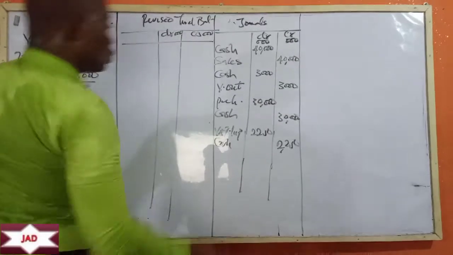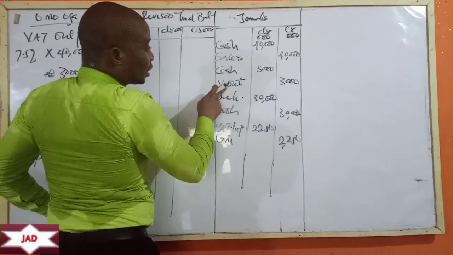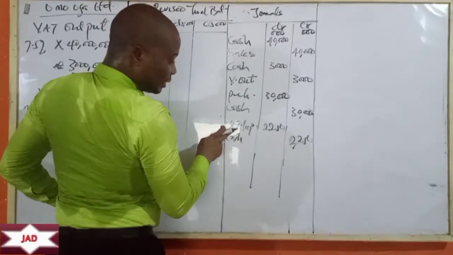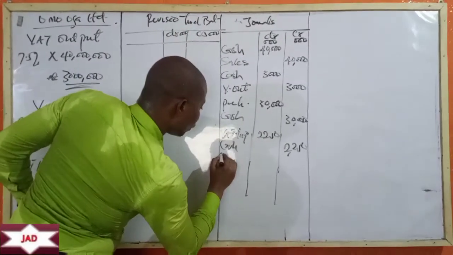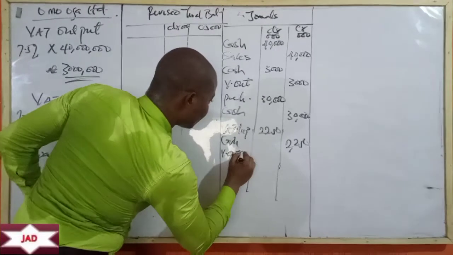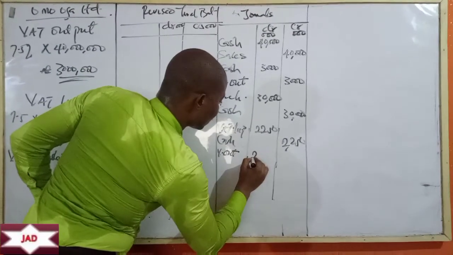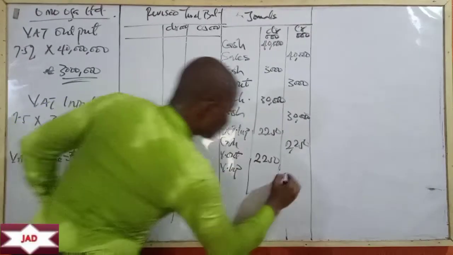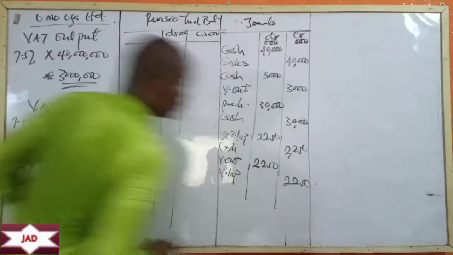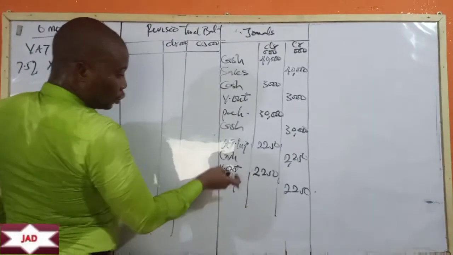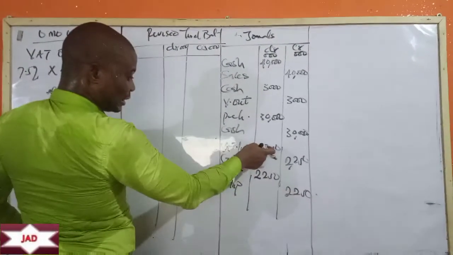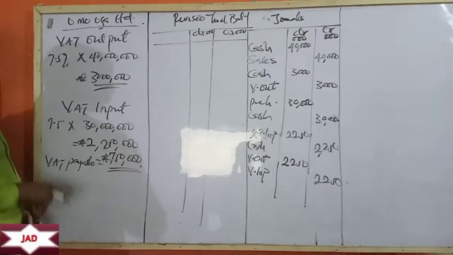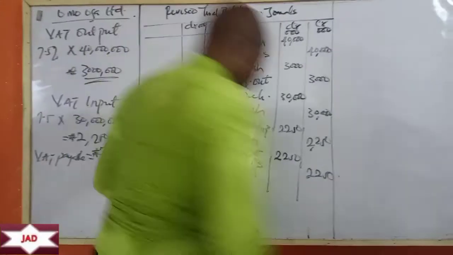So you're going to debit VAT output with 2,250 and credit VAT input with 2,250. With this, you're going to clear this, and this will come here and reduce it to 750.